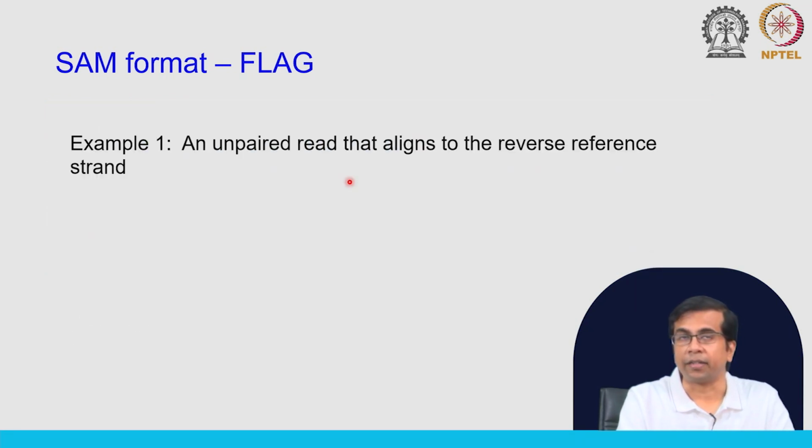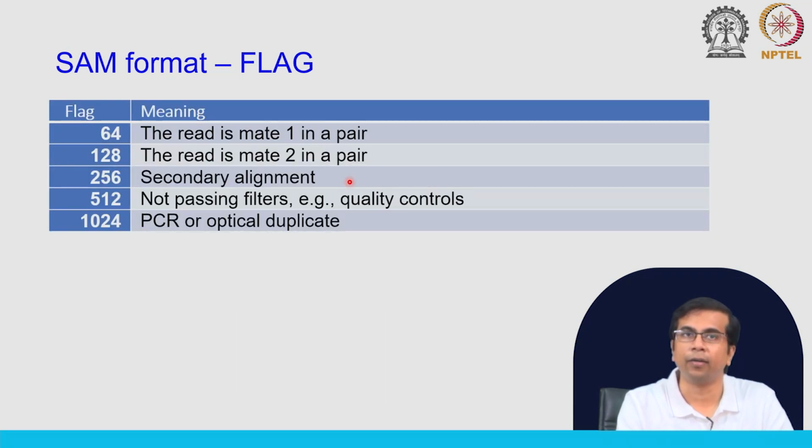Let us take some examples so that we understand how we calculate these flag values. I give you a scenario and then you have to identify the flag value. Example 1 is an unpaired read that aligns to the reverse reference strand. You do not have to remember the flag values; just looking at the table you have to deduce which flag you would apply on this read.